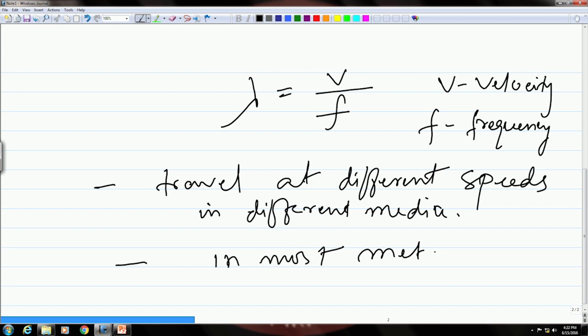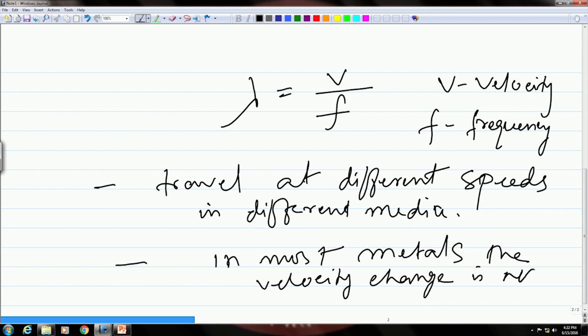So, these are some of the typical characteristics of ultrasonic waves.